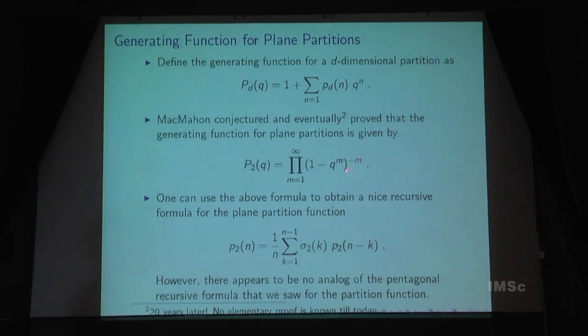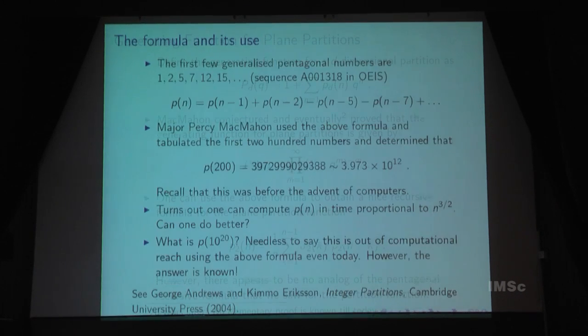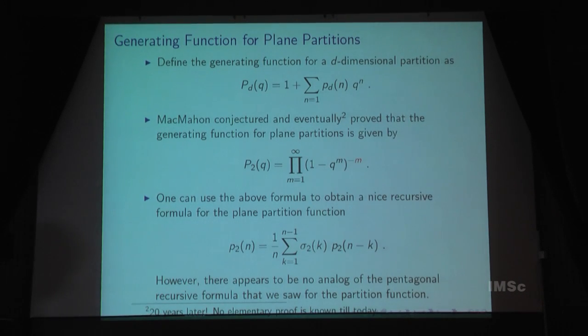There was some m out here. If you subtract 1, we get the other one. So this is the only change. Okay, and eventually is, by the way, 20 years later. And don't expect me to give you an elementary proof. In fact, if you push me into a corner, I will prove it, but it will take some time.